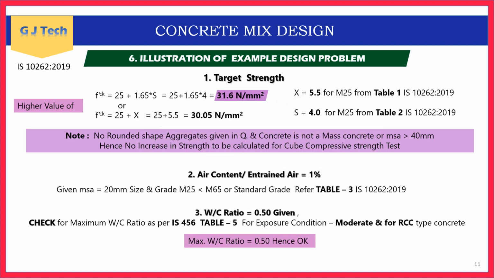Next is water cement ratio. Here in this particular problem, the water cement ratio is given for the exposure condition moderate and for RCC type concrete. In general, the water cement ratio on site or while solving a problem, we need to compute from figure 1.